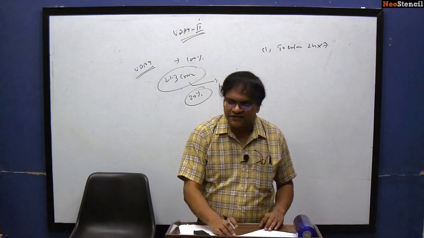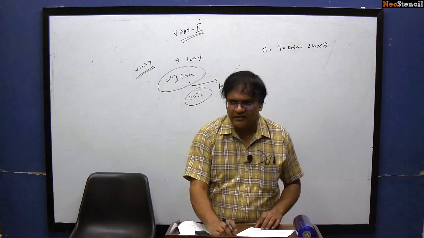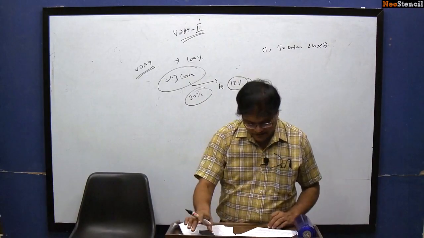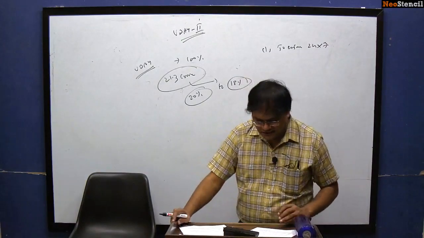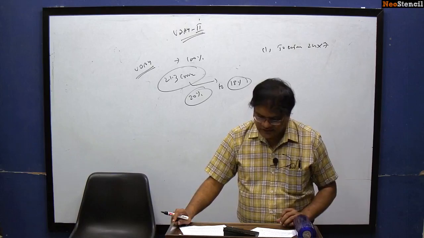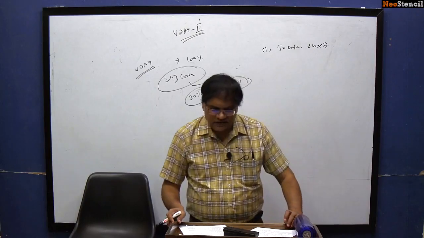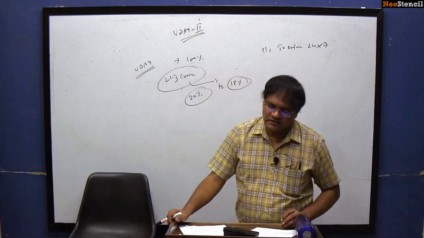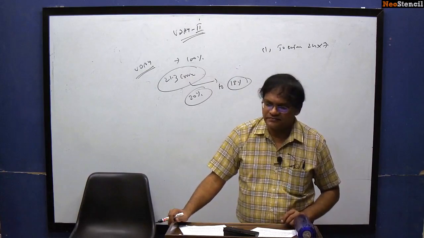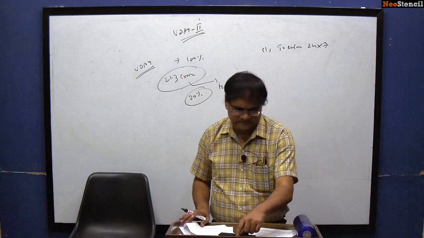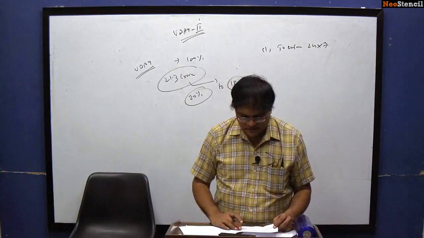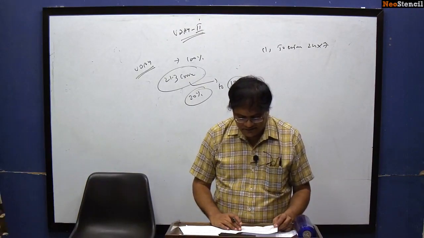Now we have given connections. The next step will be 24/7 power supply to all households. This is one of the most important objectives of Uday 2. Second, to reduce the debt of state governments from 18% to 15%.